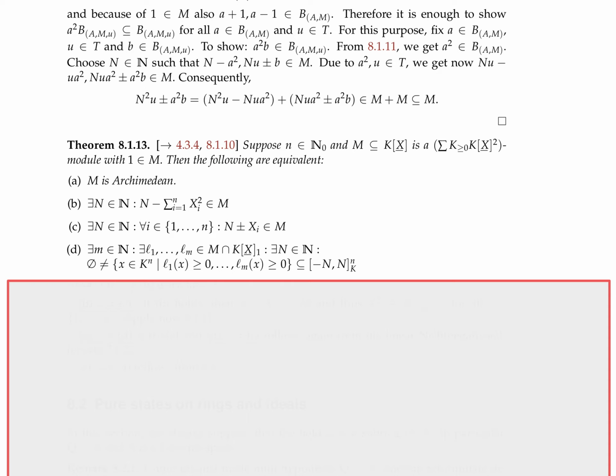So if you have a weighted sums of squares module containing 1 in this polynomial ring, then you have again exactly the same three conditions: the cube condition, the bounded polyhedron condition, and the ball condition again, right? So that works again here. Okay, so we have all of them now.